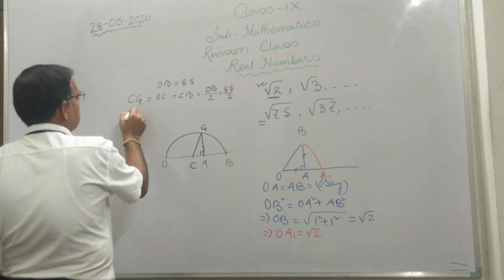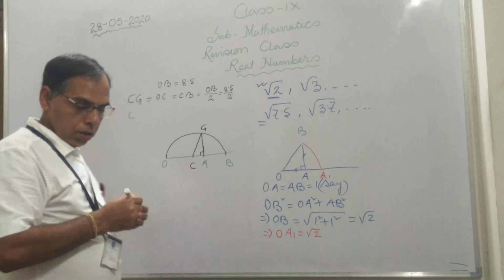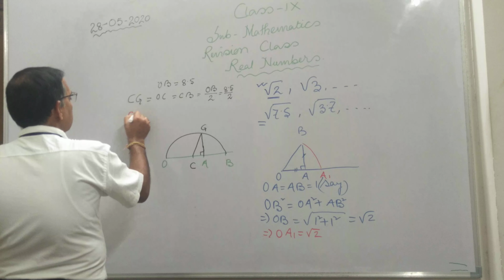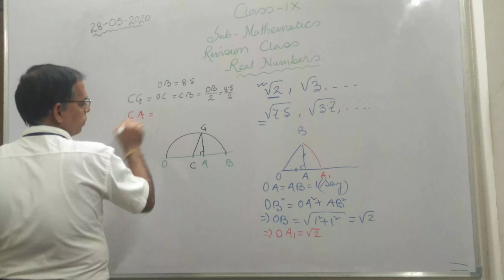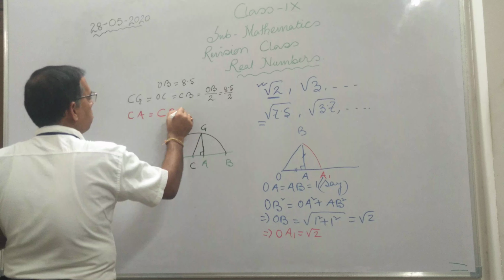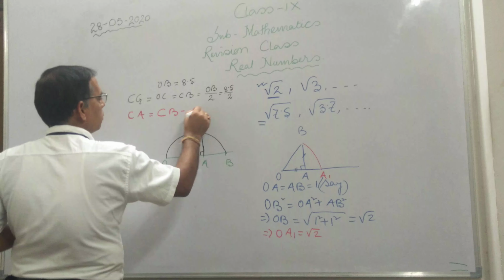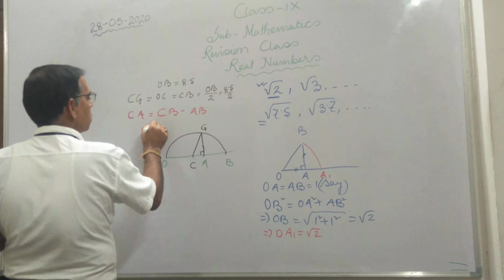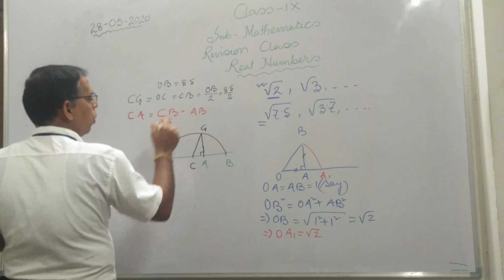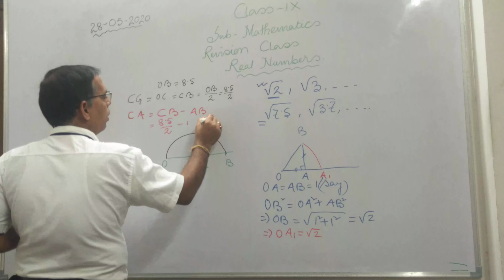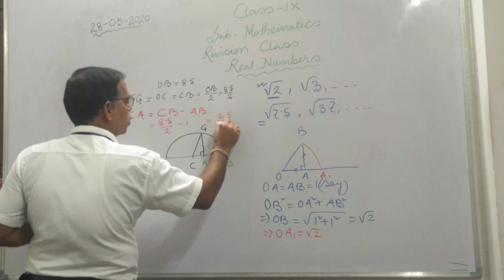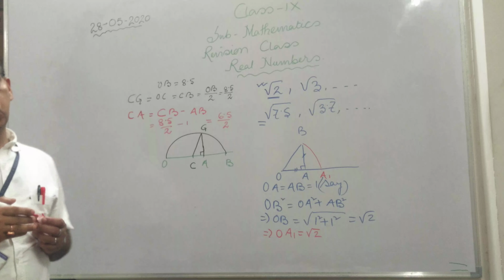How to get CA? CA equal to CB minus AB. CB equal to how much? 8.5 by 2. And what is AB? AB is 1. So ultimately it is 6.5 by 2.